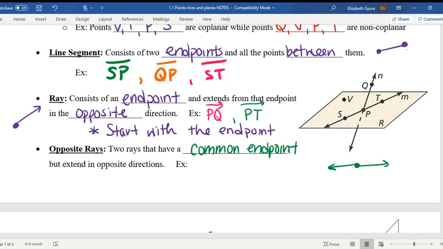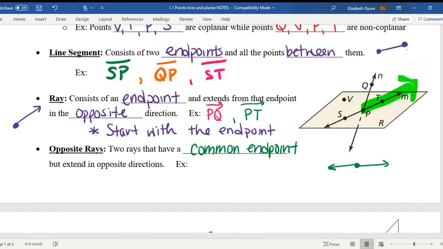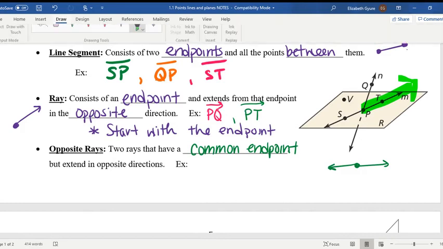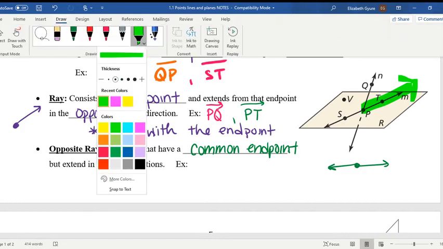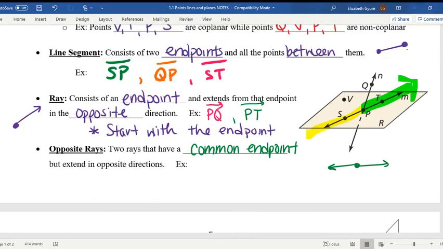So in this picture, you have opposite rays from P to T, right? That starts at P, heads towards T, kind of up and to the right. Then you also have the ray going in the opposite direction, which is starting at P and heading towards S, down and to the left.